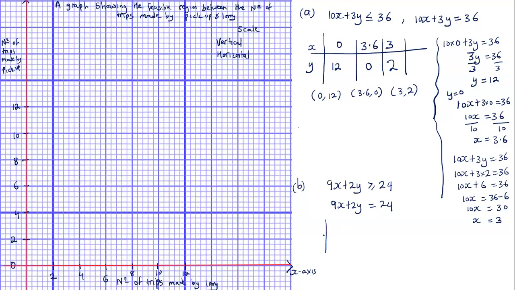Now, when I have my table here, I'll have my X and Y. Then when X is 0, you are noticing that my Y is going to be 12. Kindly confirm that. Then you ask yourself, what about when Y is 0? When Y is 0, I'll have 24 divided by 9, which is 2.667. Now, for such a case, you write to one decimal place. So here I write 2.7.